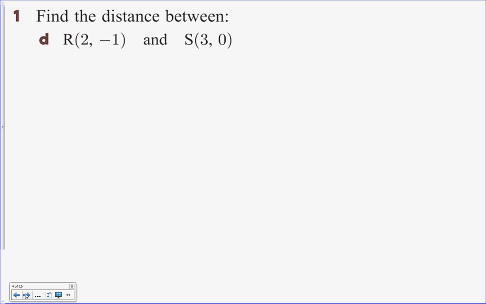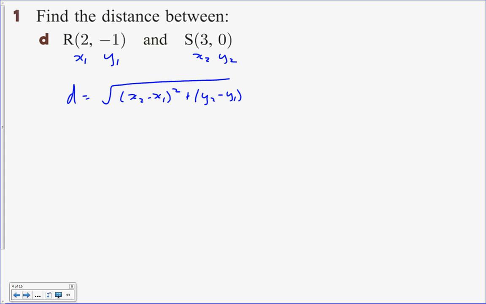Part D, again, x1, y1, x2, y2. Formula, d equals square root x2 take x1 all squared plus y2 take y1 all squared. After we've written our formula, we do our find it, so we do our substitution in.